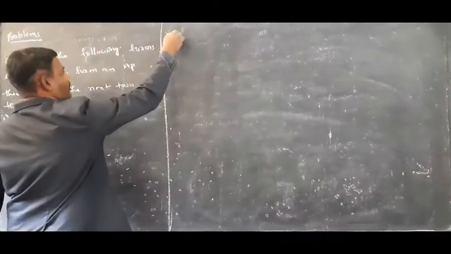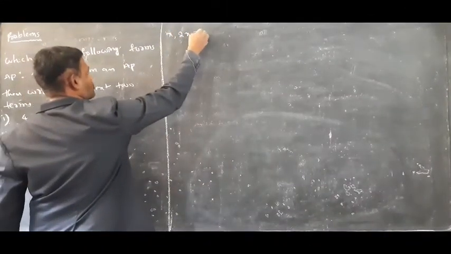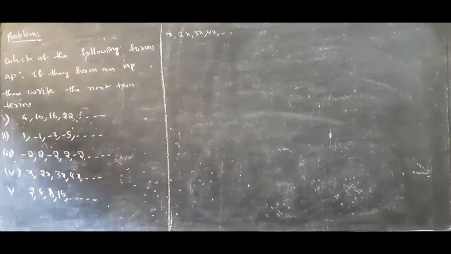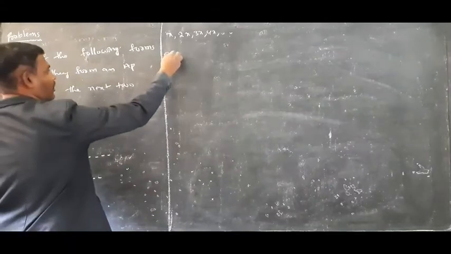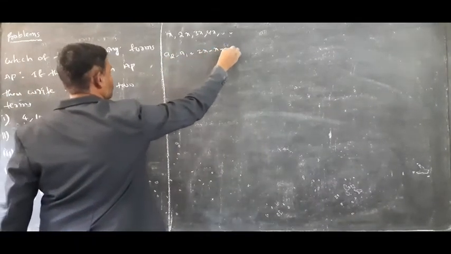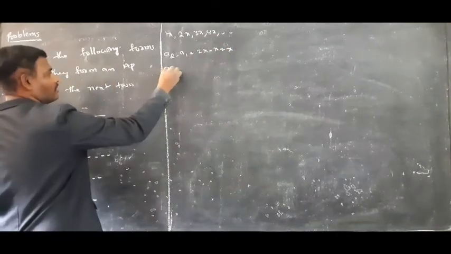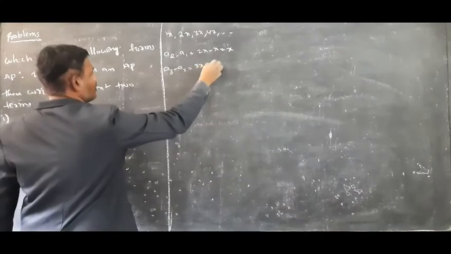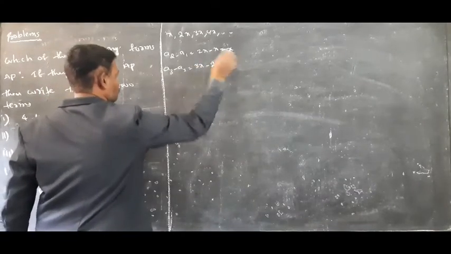Third question. x, 2x, 3x, 4x, and so on. Then A2 minus A1 is equal to 2x minus x is equal to x. Then A3 minus A2 is equal to 3x minus 2x is equal to x.